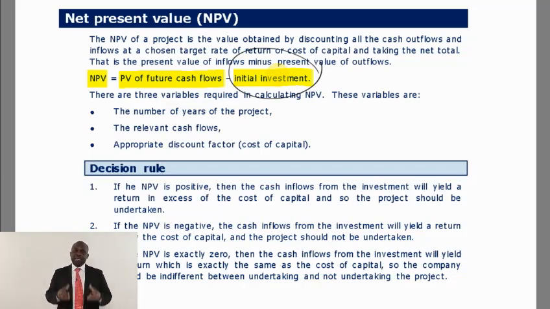In reality, it might take you about 2 or 3 years to construct the project before you start receiving inflows. So I'm going to change this slightly because in reality, a project is not likely to be started now. For instance, if I have to put up this building, it won't take me now to finish it. It's going to take me about 2 or 3 years to finish the construction of the building. Then thereafter, return will be coming by way of rent.